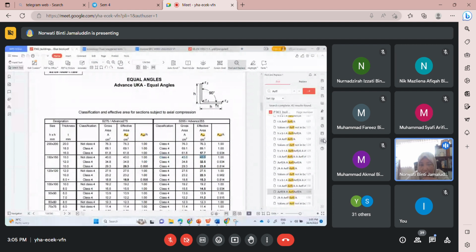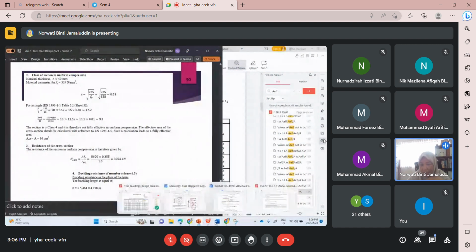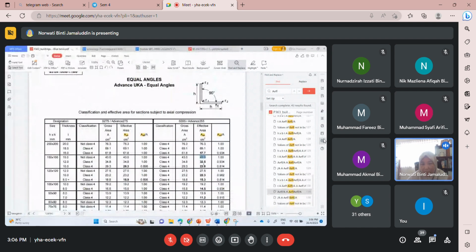Effective area, as explained in this statement, it said that the section is a class 4 and it is therefore not fully effective in uniform compression. So you need to determine the effective area. But if you calculate, they said such a calculation leads to a fully effective area, as proven from the Blue Book. We have proven it, it is indeed the same. This is the evidence.